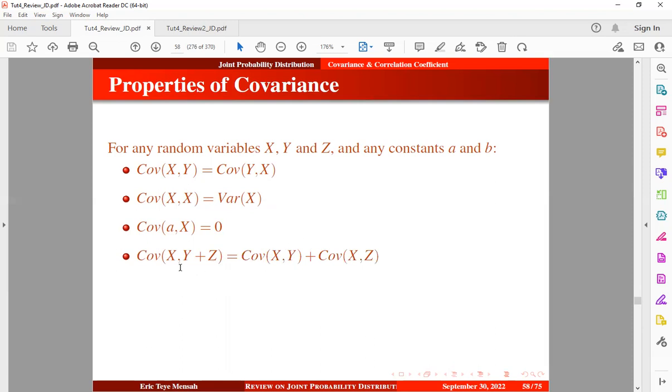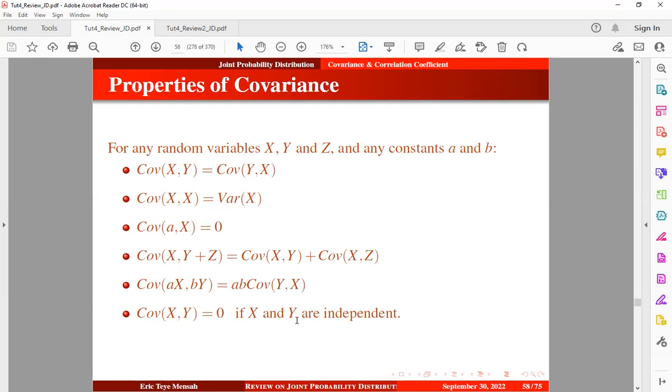So we take the covariance of x and y plus the covariance of x and z. Now, the covariance of ax and by can be expressed in this form. You just have to pull the constants out so that you can take the covariance of the random variables. And also the covariance of x and y will be 0 if x and y are independent.